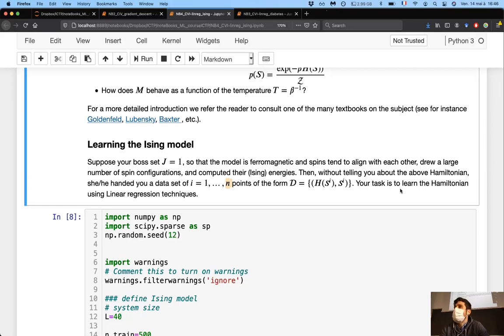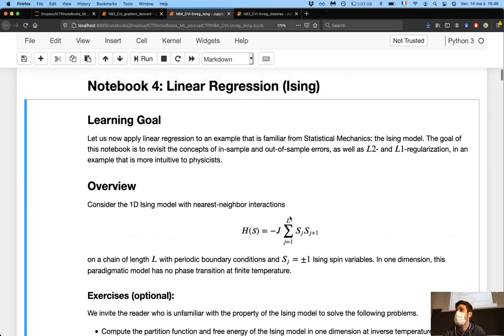So in physics, and actually also in signal processing, this is called an inverse problem. You are trying to reconstruct the system, the energy function, from configurations. While the direct problem usually in statistical mechanics is that you are given the energy function. You know what is the form of the energy.